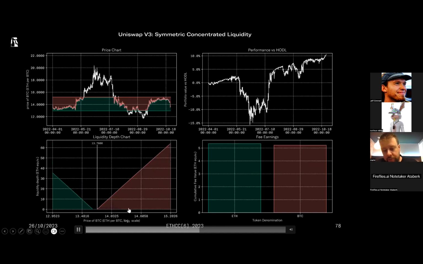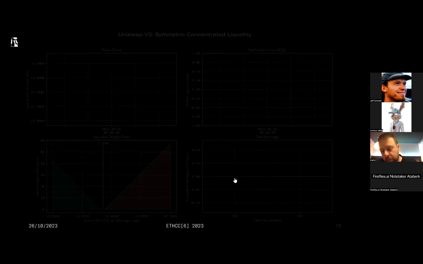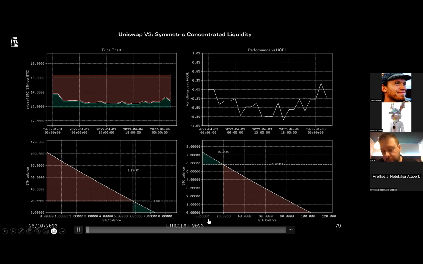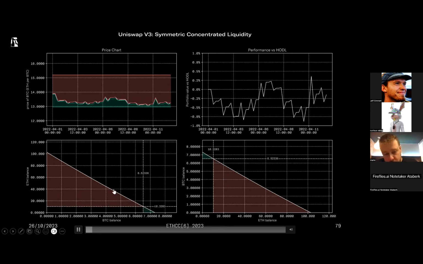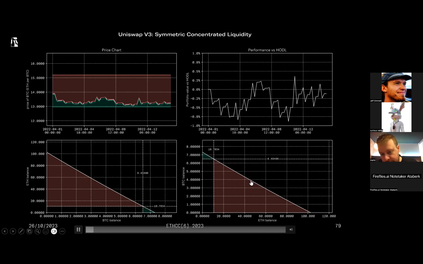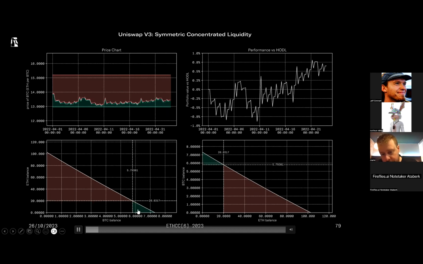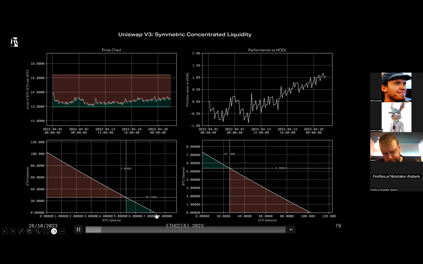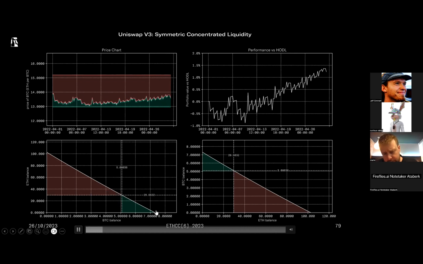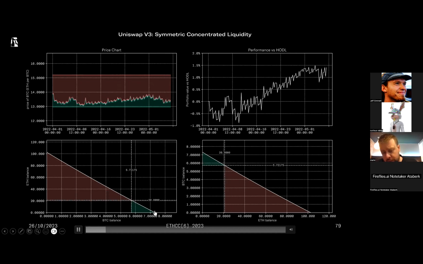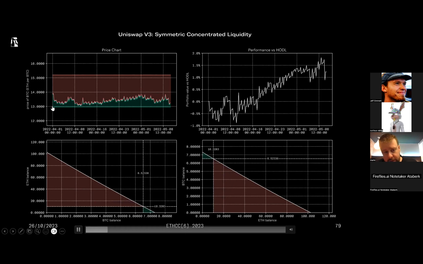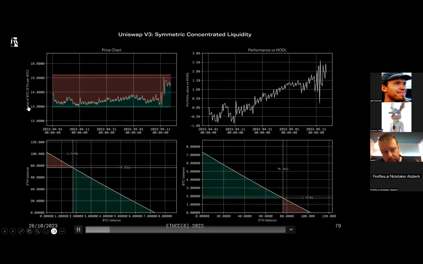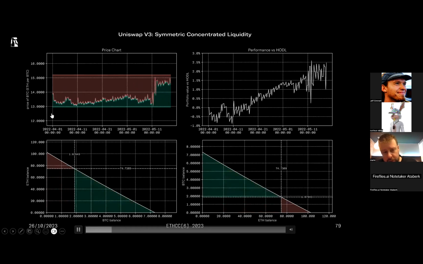Okay, so the invariant function looks, again, pretty similar to what it looked like for Uniswap V2. So these aren't triangles. This does have a very slight curve to it. And again, the marginal price at the end here is whatever the marginal price on the price chart says it is.